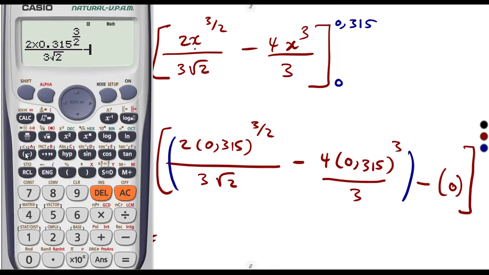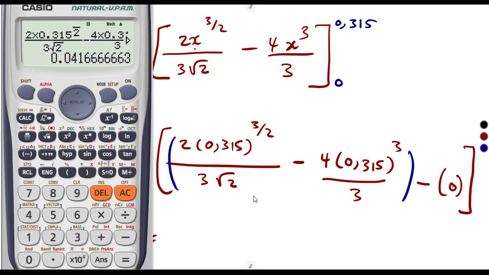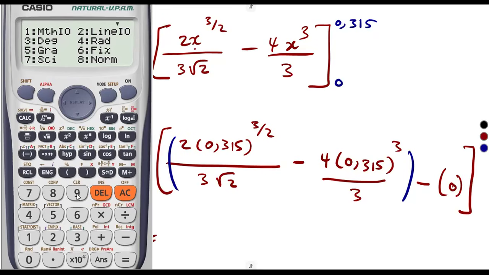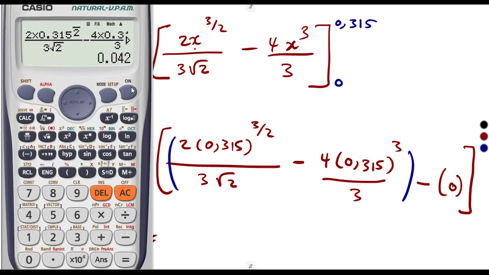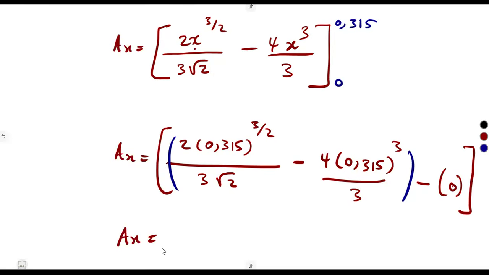So you're going to have minus a fraction again: 4 times 0.315 to the exponent of 3, everything over 3 like this. So that was going to give us 0.042 to 3 decimal places. So that's 0.042 like that.